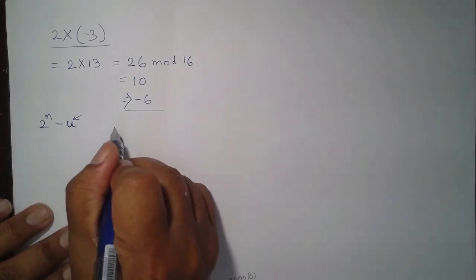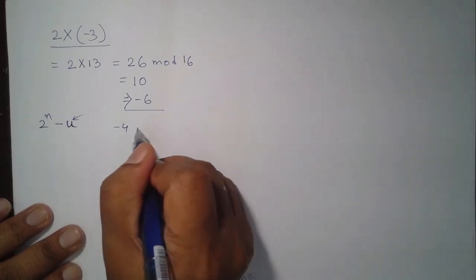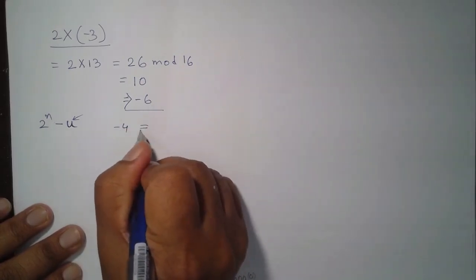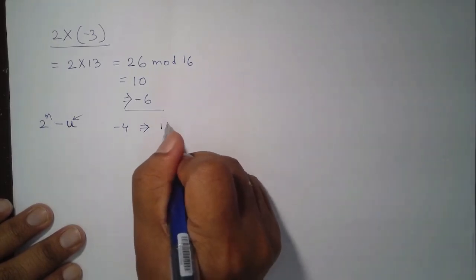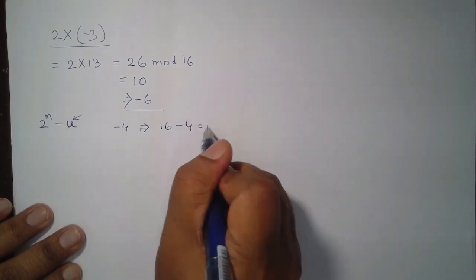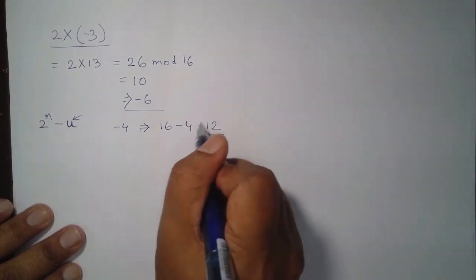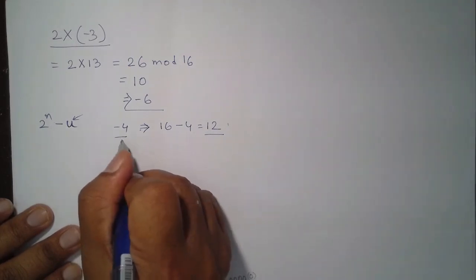So for example, for minus 4, if I want to find the 2's complement representation, I have to find 2 to the power n, which is 16 if I am talking about a 4-bit number, 16 minus 4, which is 12. So the binary representation of 12 will be the 2's complement representation of minus 4.